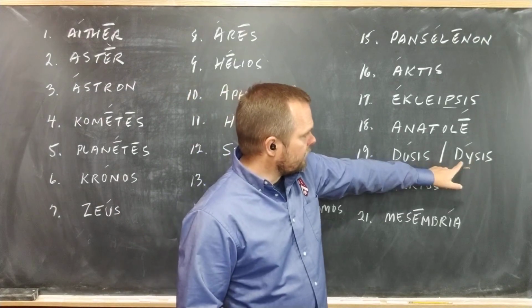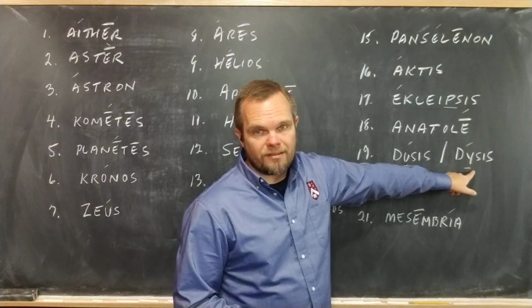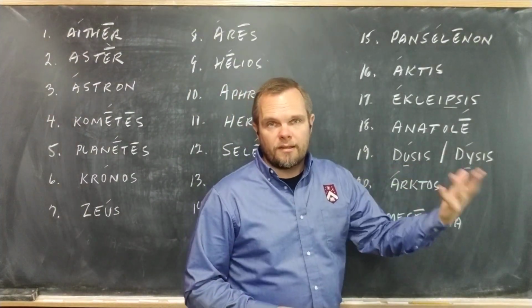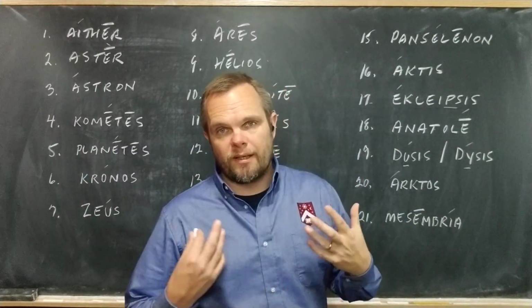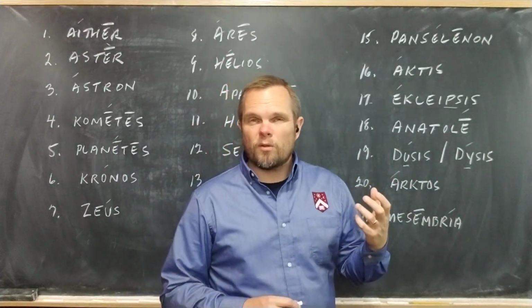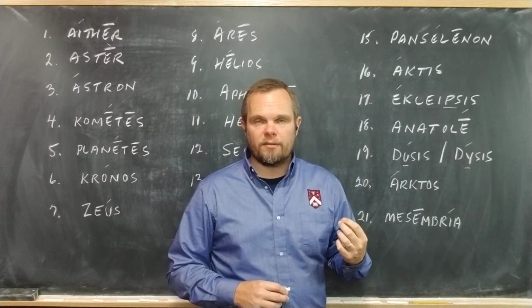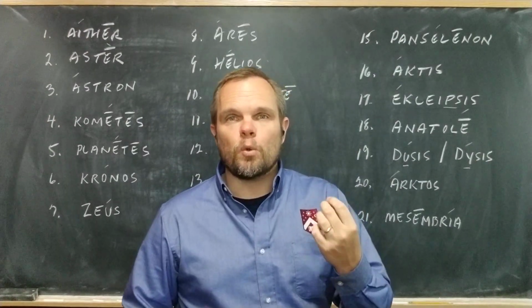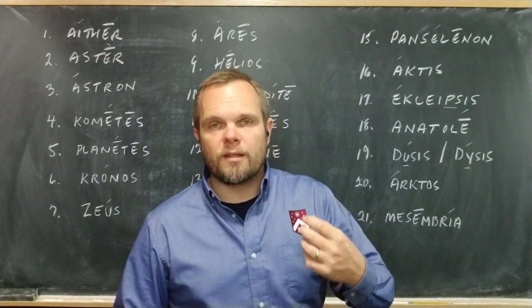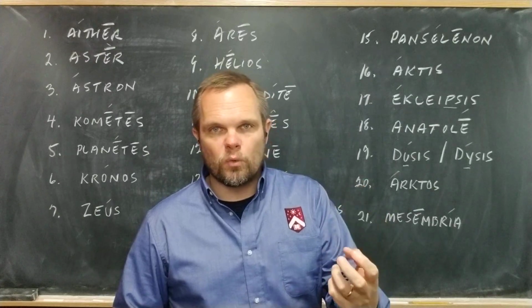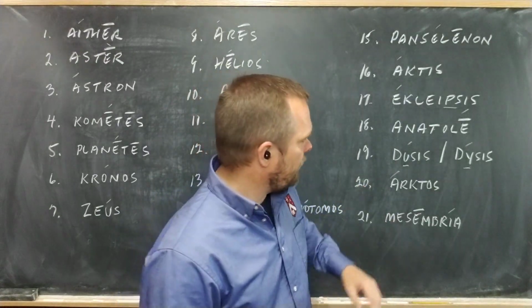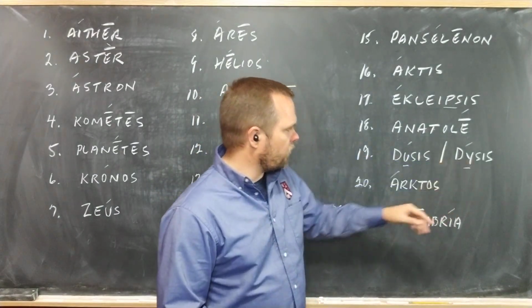This might be pronounced dysis, because sometimes the Greek upsilon is pronounced not with a U sound, but a strange sound that actually sounds like this: U. It's a combination of E and U in a single sound. So anyway, that's why there's two forms.